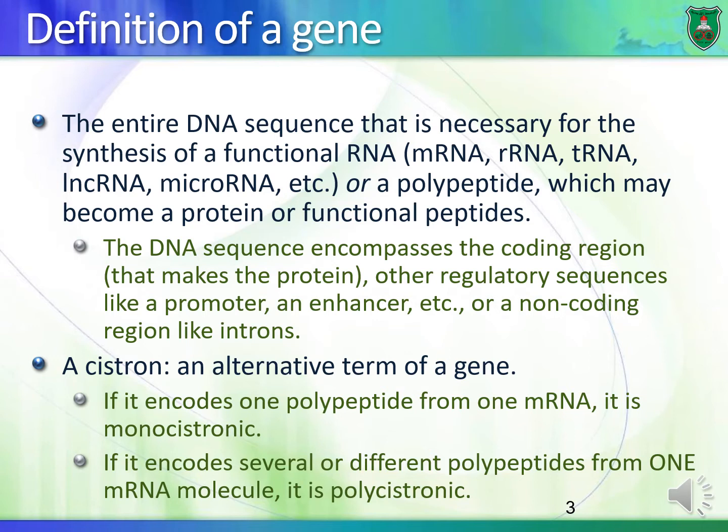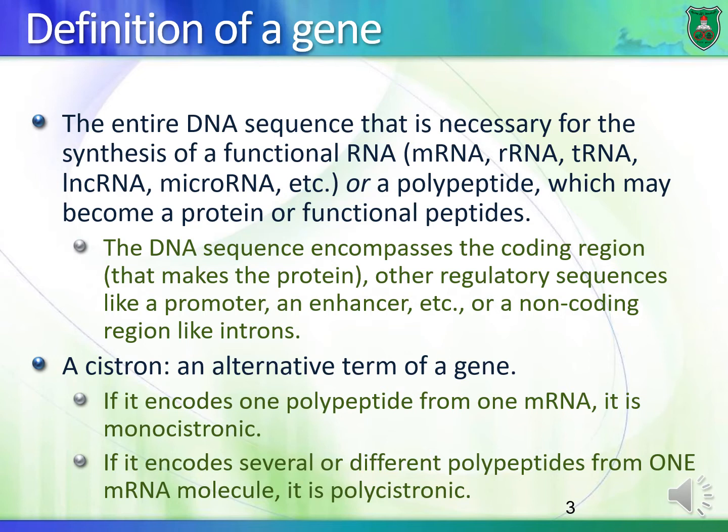This RNA can be non-coding, meaning that it may not produce a protein, or it can be a coding RNA, which is basically messenger RNA. This gene can also be responsible for the synthesis of a polypeptide. This polypeptide can form a protein with a specific three-dimensional structure, or it can be cleaved into smaller peptides with function.